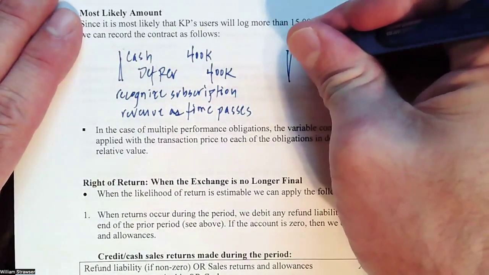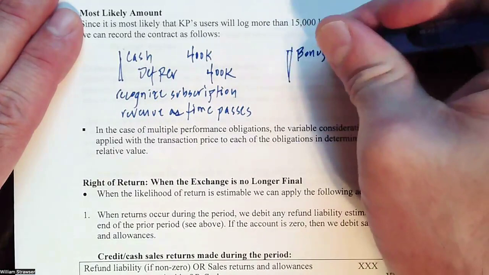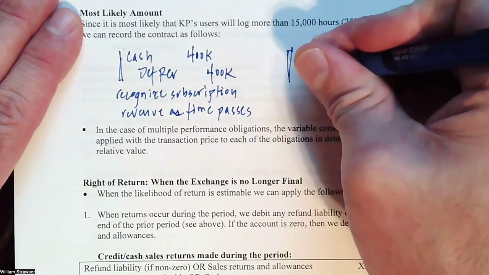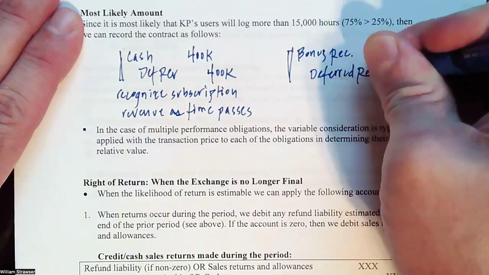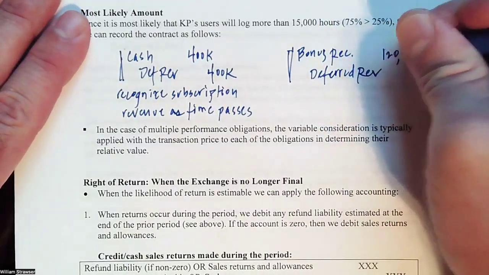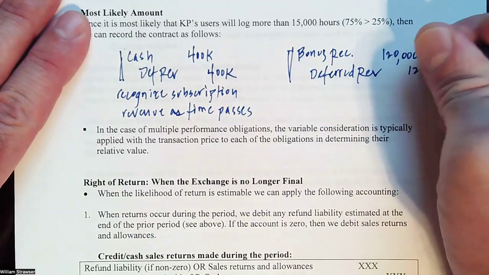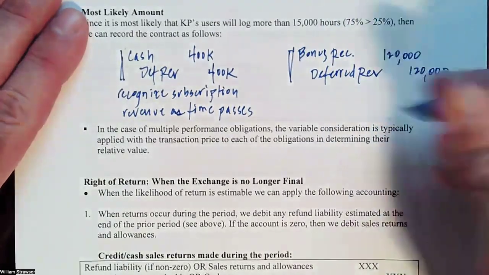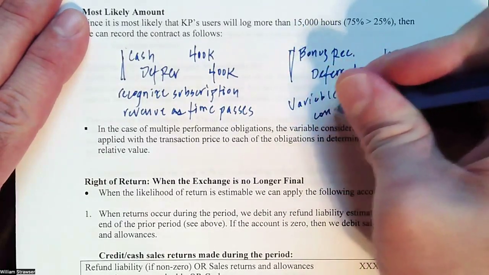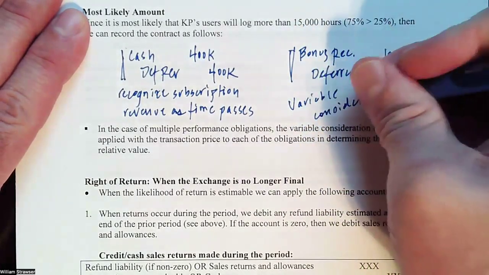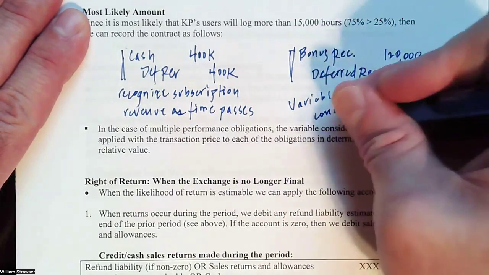That means that the bonus receivable and the deferred revenue that corresponds to that bonus would be valued at 120,000. Now, that's the variable consideration under the most likely amount.